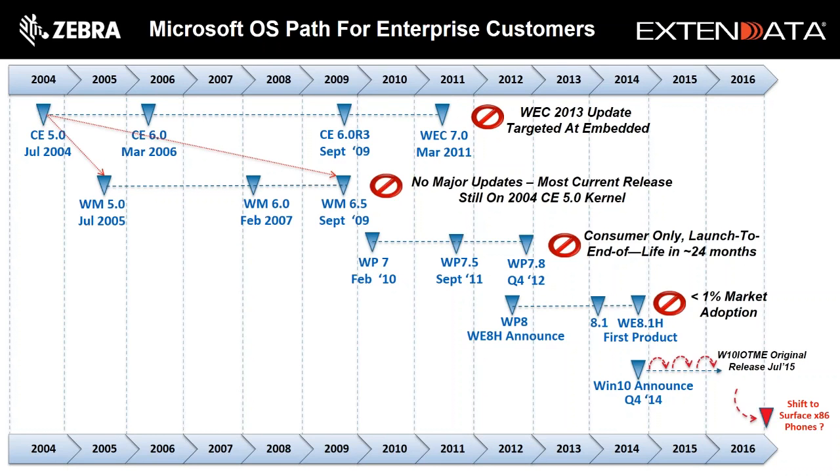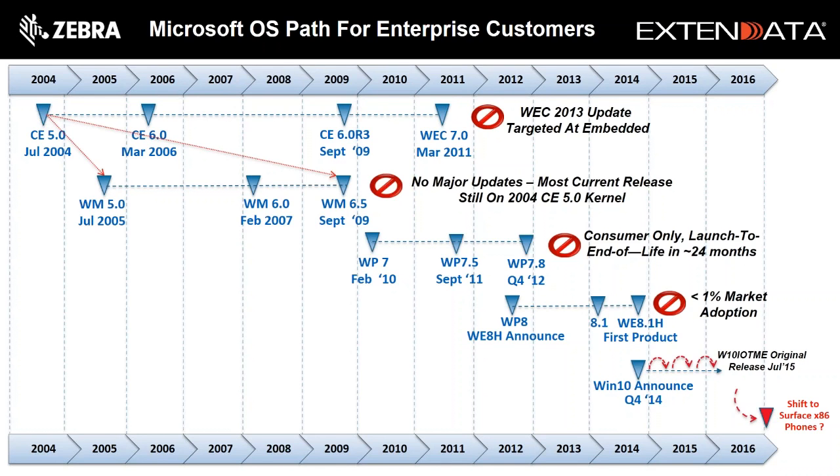Then Windows Embedded 8.1 came out in 2014. We did not release a product on that operating system, but some of our competitors did. Right when those products first hit the market, Microsoft announced Windows 10. Of course, that tended to curtail any adoption of the Windows Embedded 8.1 products.